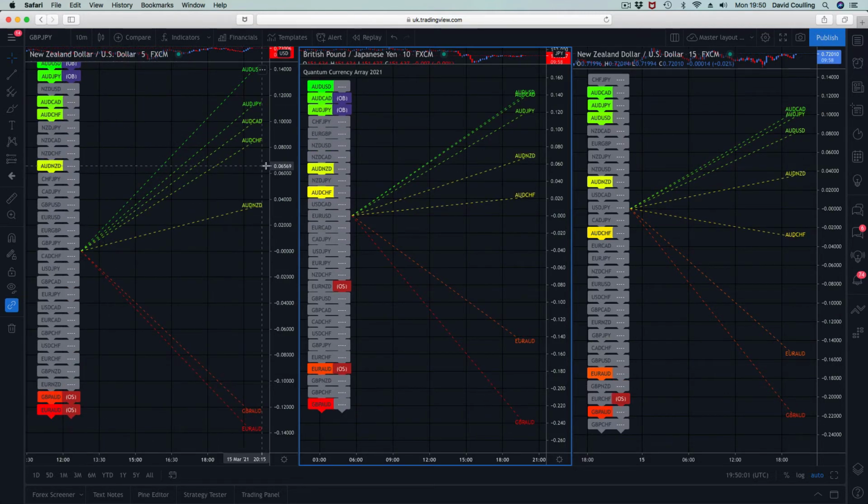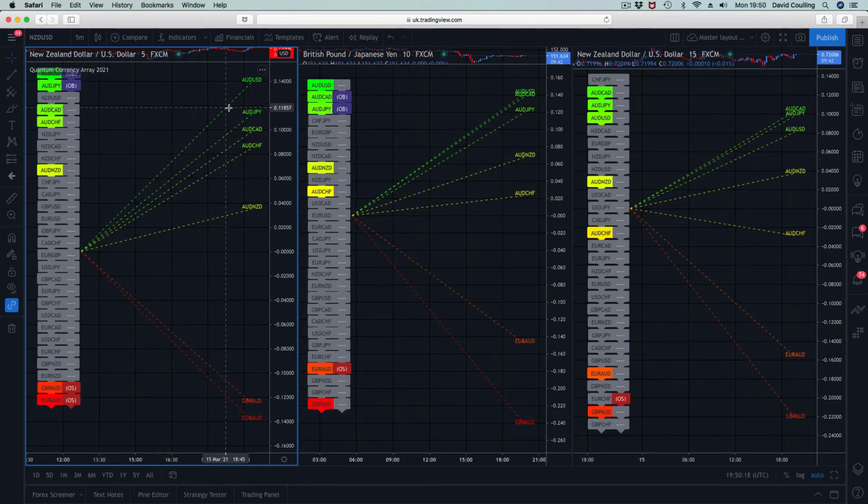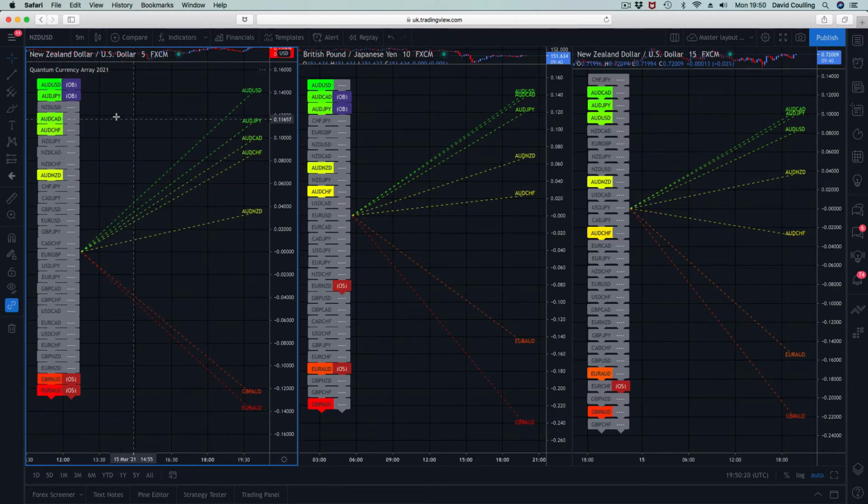Now the second column, let's just move over to this one. The second column here on the right hand side is one we developed to give you a sense of when a currency pair is moving to an overbought or oversold state. You can see on here, and perhaps you can see it over here as well. Let's just drag this down a little bit, just keep it in view.